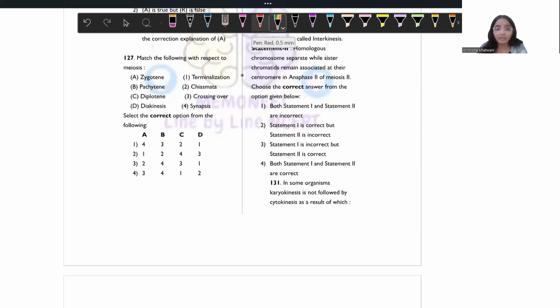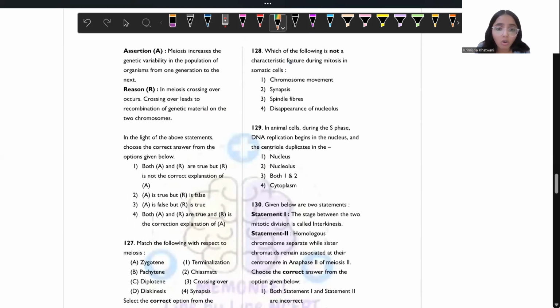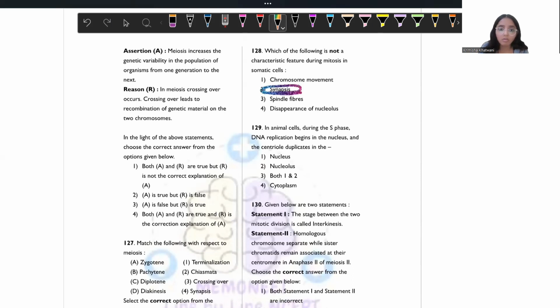So this is 127, next 128. Which of the following is not a characteristic feature during mitosis in somatic cells? Just now I told you synapsis is pairing of homologous chromosomes.